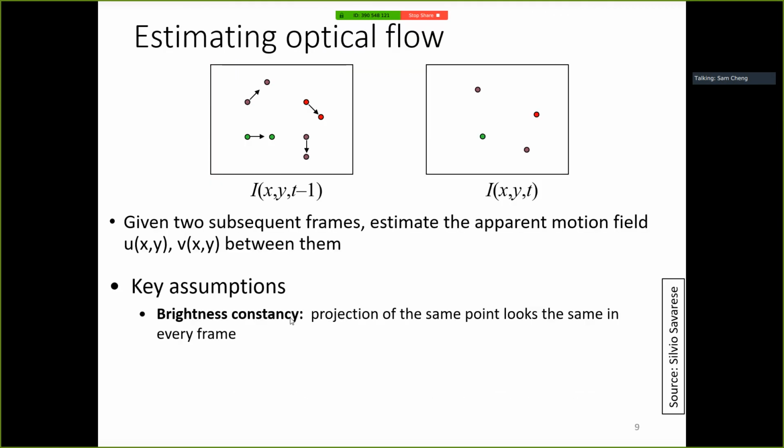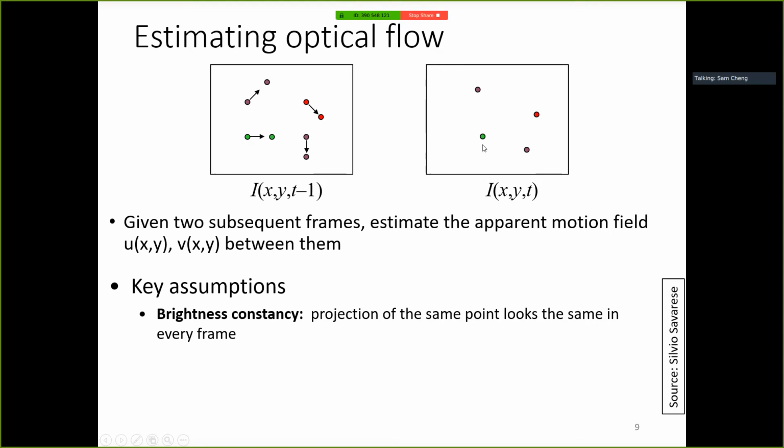So the first assumption is, okay, we will assume that from the first frame to the second frame, the object doesn't move too suddenly, or the environment, the lighting, doesn't change too rapidly. So let's say I have a pixel here.